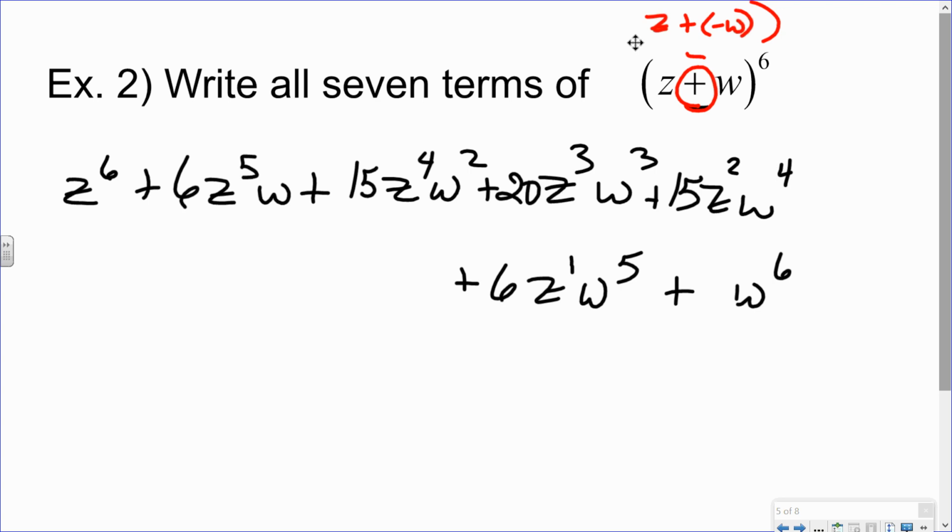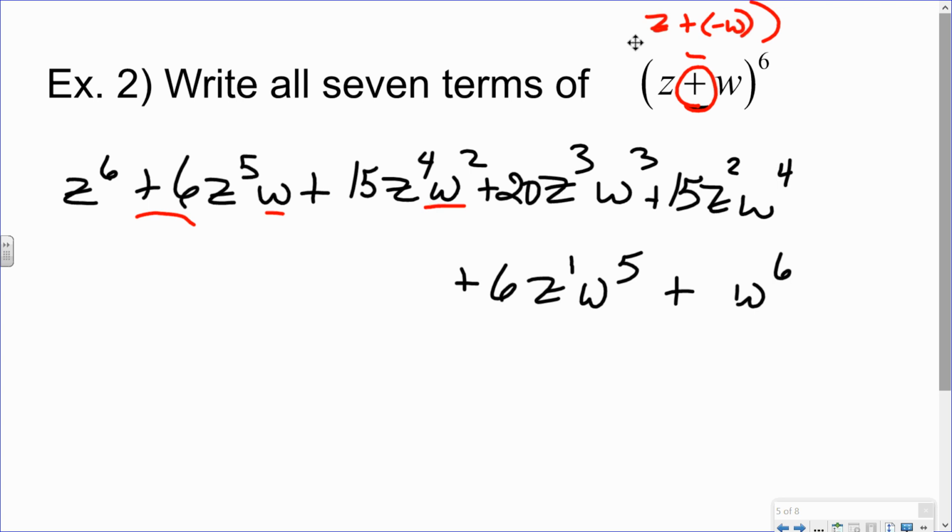So here, if this was a minus w right here, that would have become a minus 6 out in front. But for the next one, if I had minus w times minus w instead of w times w, that minus minus would still be a plus. And so on across that. So that kind of makes sense. You don't have to really worry about it a lot yet, but just a heads up, that's coming.